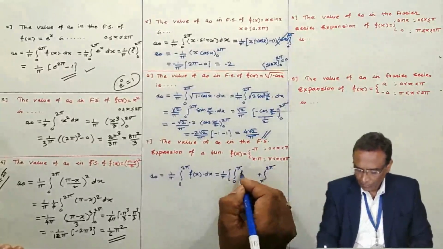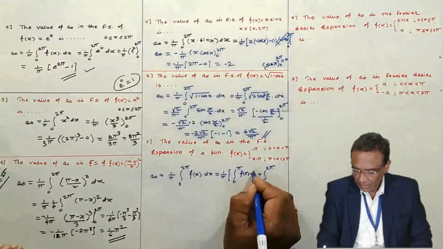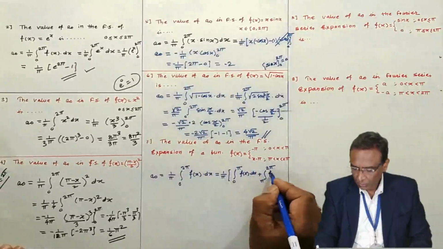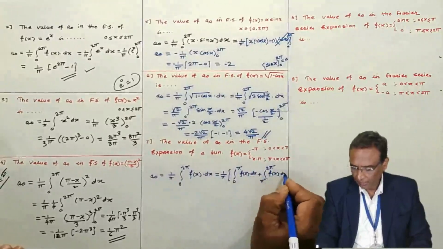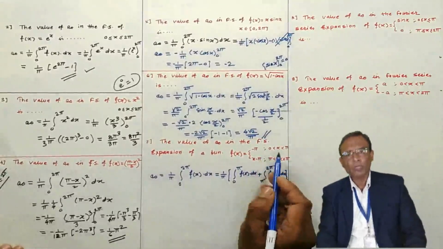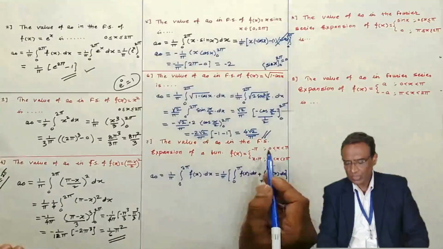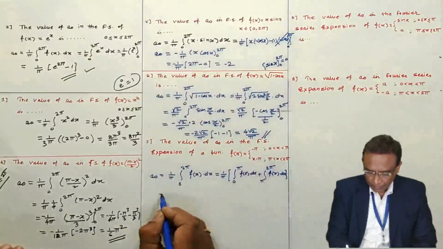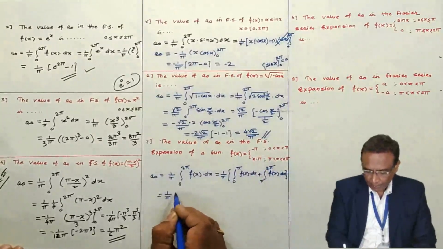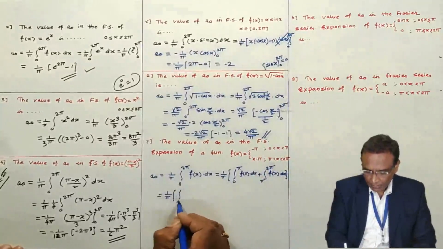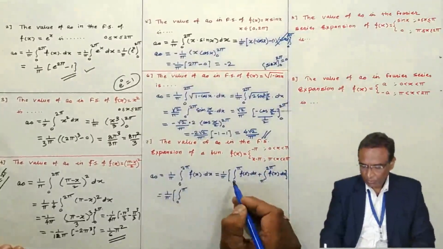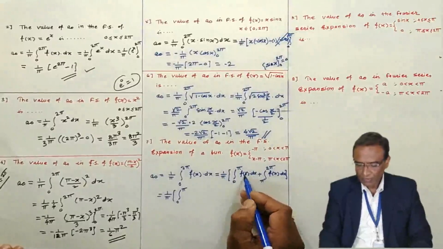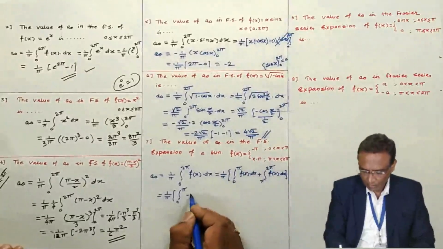Okay. The function is being integrated in two different subintervals here. Just I have broken this into two because the function is defined in this way. Now 1 by pi integral for 0 to pi, the value of fx is what? Minus pi. This I am putting here.